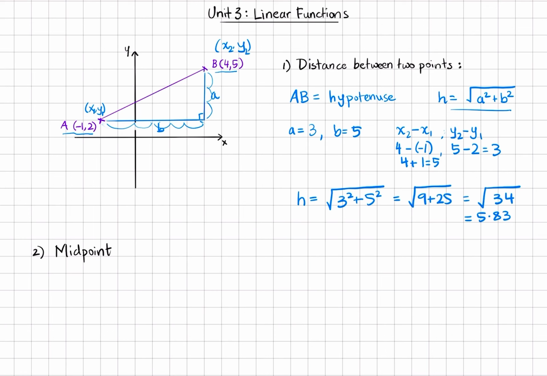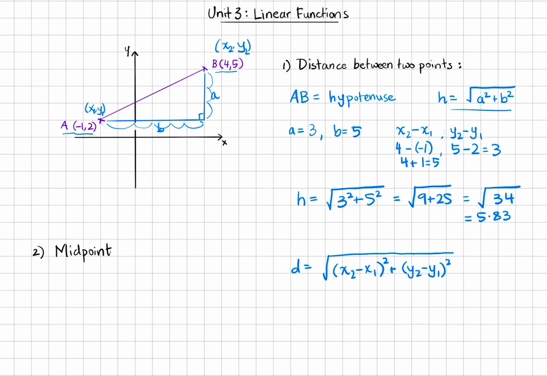Okay, so our distance formula is basically telling us the same thing, but all in one formula. So everything we just did, in one formula. It's saying the distance equals the square root of x2 minus x1 squared plus y2 minus y1 also squared.